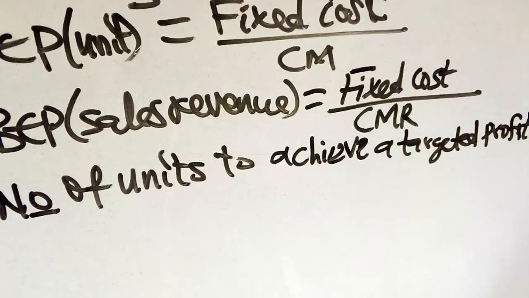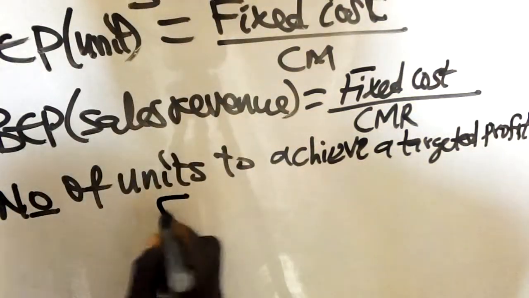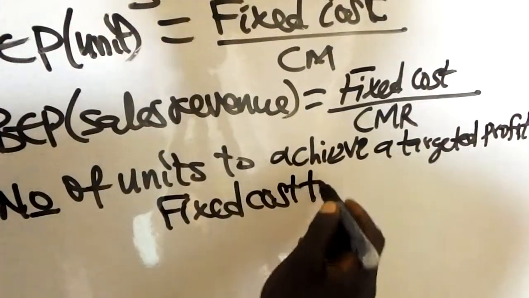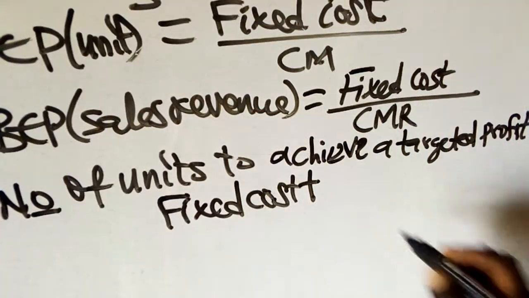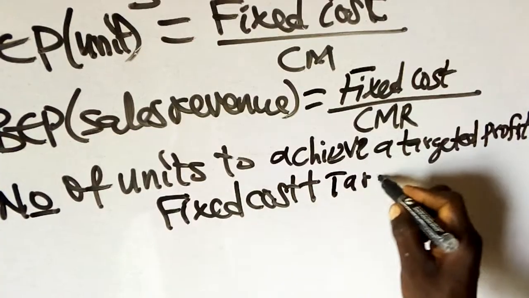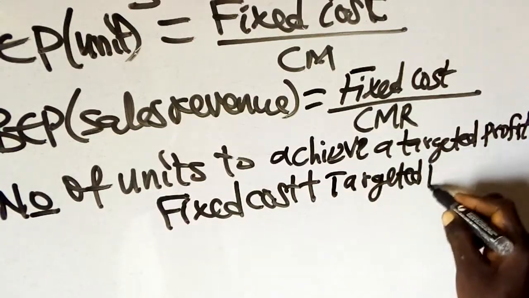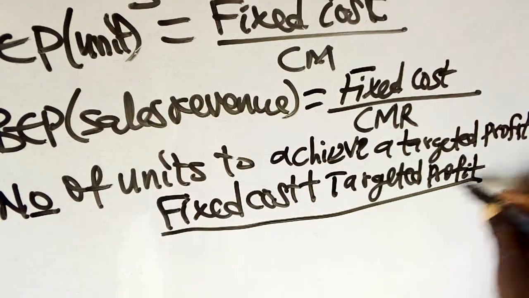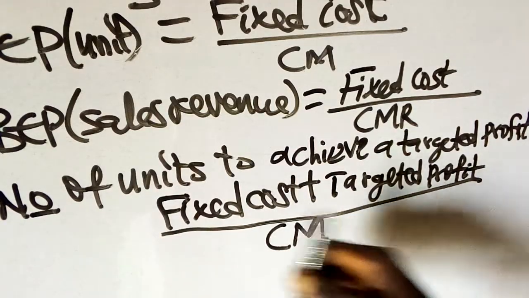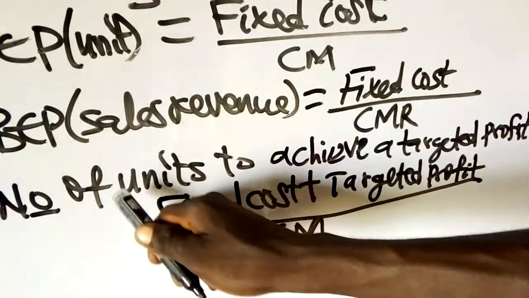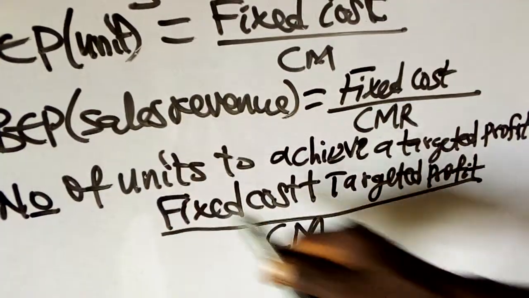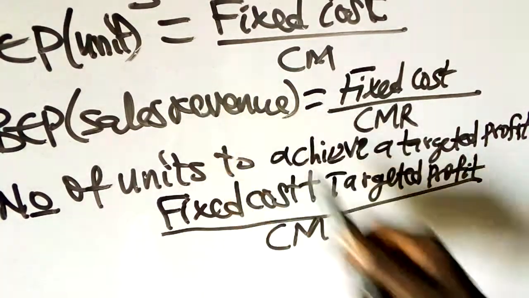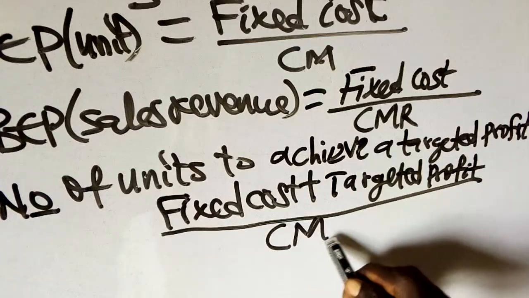That will be fixed cost plus targeted profit, all over CM, because you want to determine the number of units. I've told you that to calculate anything in units, the denominator will be CM, but if it is value, then the denominator will be CMR.